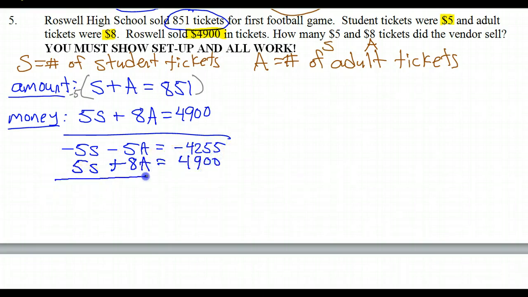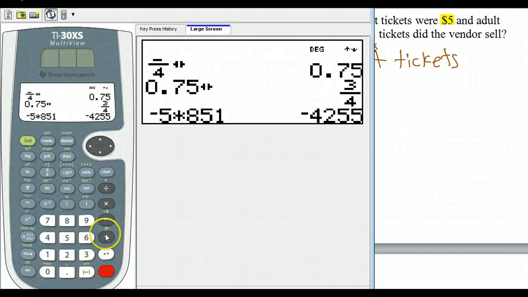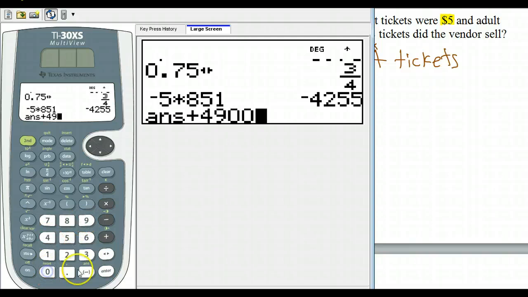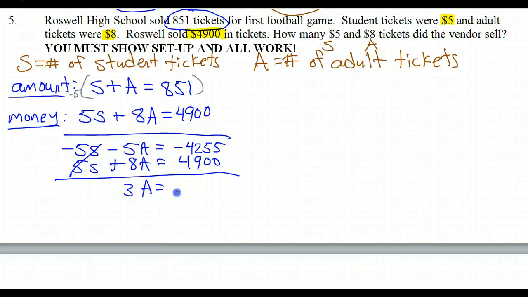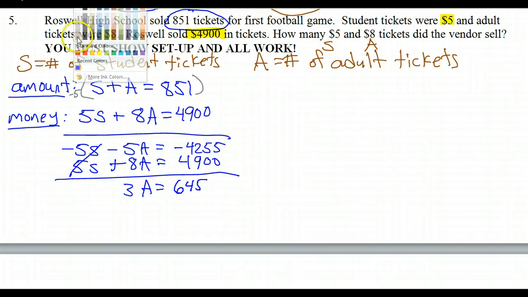4,900. Now as I combine these terms, the s's cancel out as expected, and then I have 3a equals 645. So it's time to divide everything by 3.